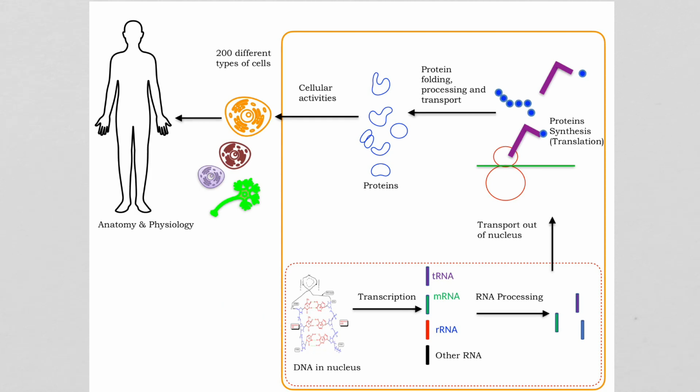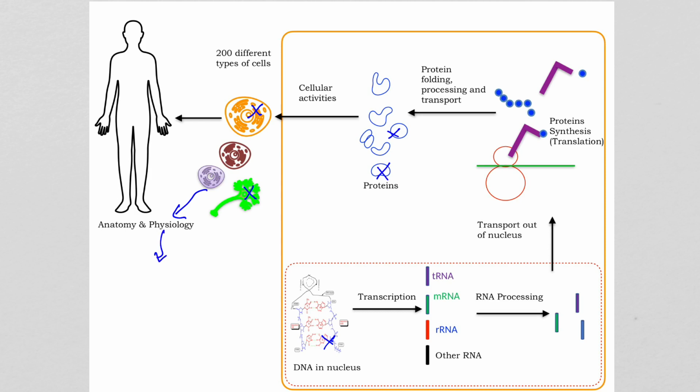So clearly, if something goes wrong with this information, it might end up affecting one or more proteins in the cell, and that cell, a certain specific cell, or maybe more than one specific cell that shares the proteins, might be affected, and that might lead to changes in our physiology and our anatomy.